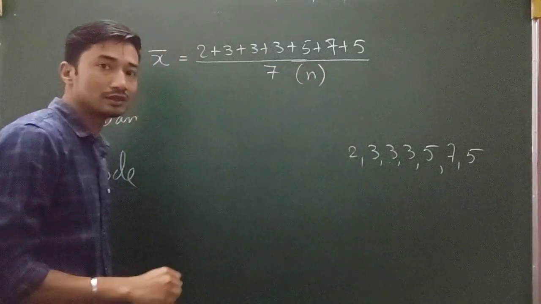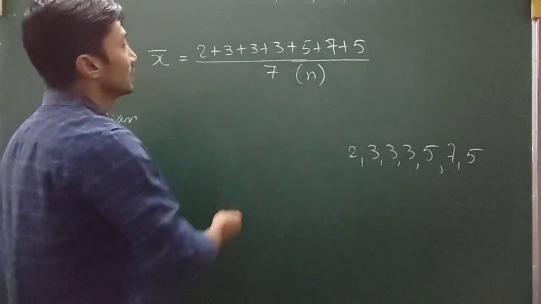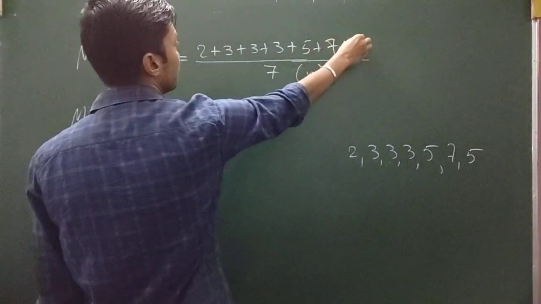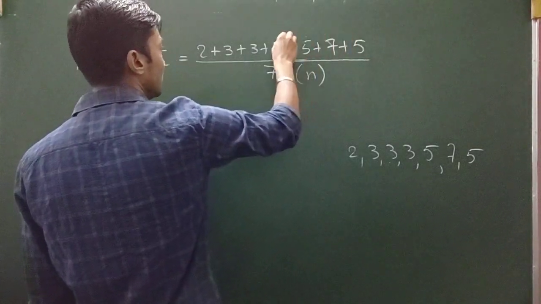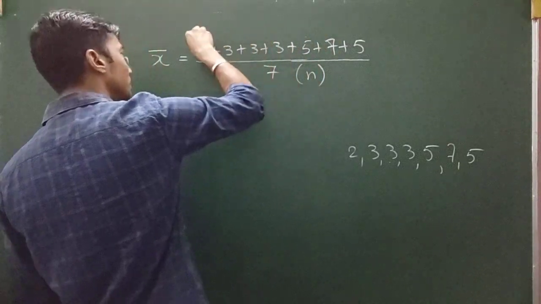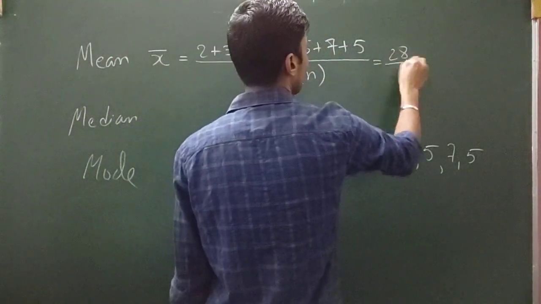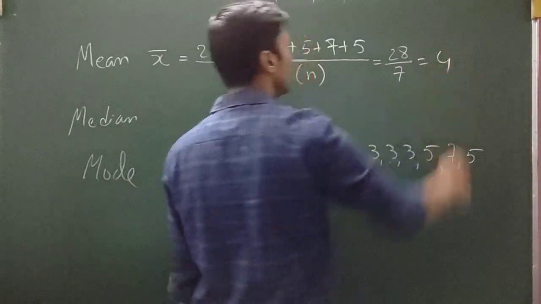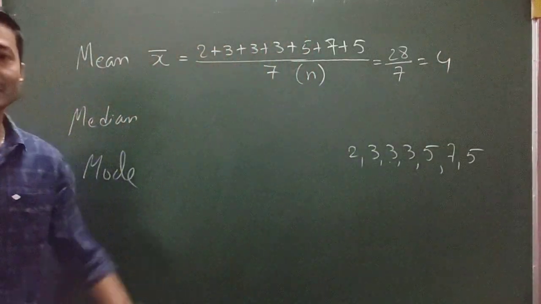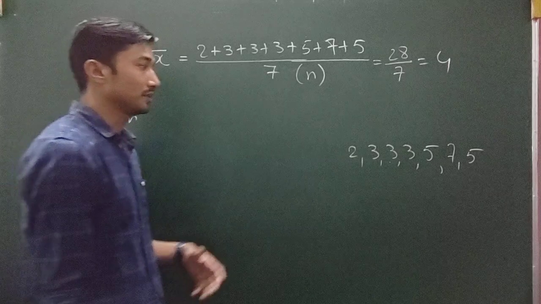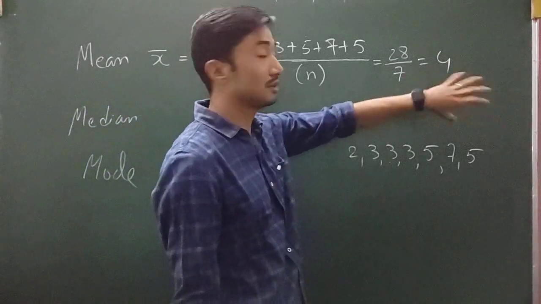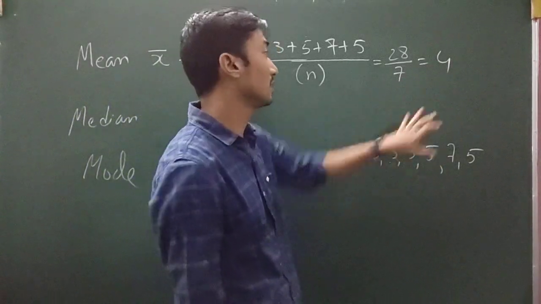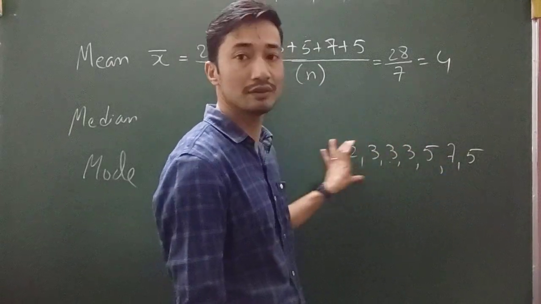Small n denotes the number of observations. The total is 10, 17, 20, 23, 26, 28, so that's 28 divided by 7. So the mean would be 4. From here I can get an idea that the marks of that particular student are around 4 in all the subjects. So it's not very far away, isn't it?